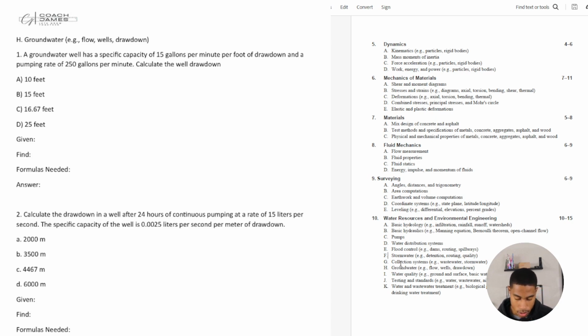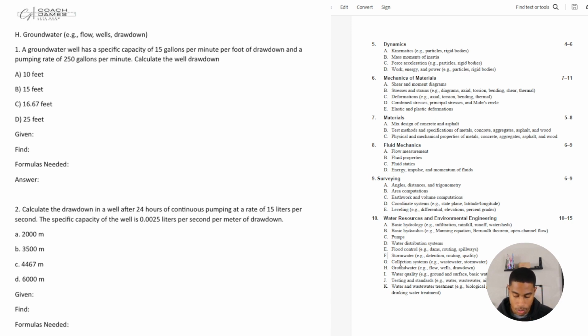All right, so number one, it says a groundwater well has a specific capacity of 15 gallons per minute per foot of drawdown and a pumping rate of 250 gallons per minute. Calculate the well drawdown. All right. So we are given what? We're given the specific capacity, and that specific capacity is 15 gallons per minute.